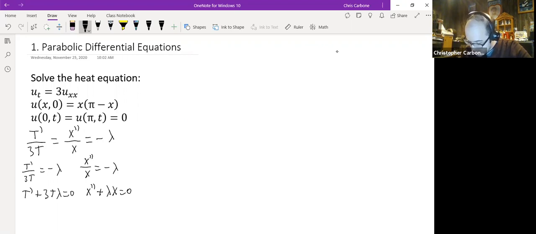Now, based upon our boundary conditions, so this third line right here, let us start with u of 0 comma t.